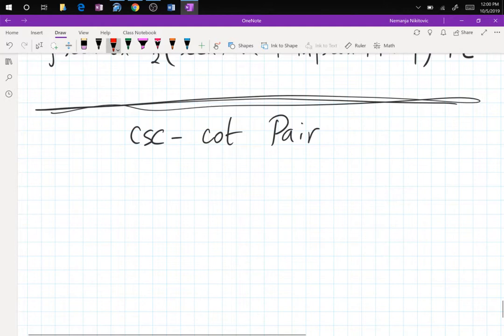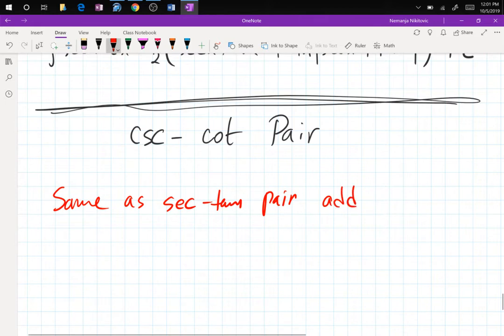I can work this one out in 7 seconds. Same as the secant tangent pair, but with negatives. Just add negatives. How about that?